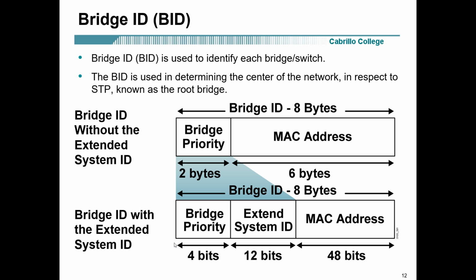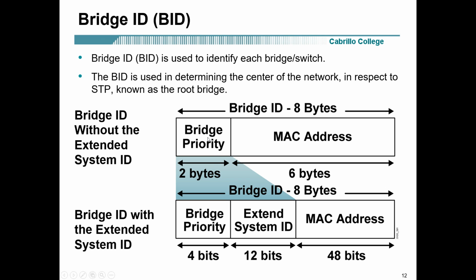However, the bridge ID with the extended system ID, which adds this code for VLAN information, is going to be slightly different. It's going to use 4 bits for the bridge priority, so the bridge priority is going to go down some. The extended system ID is going to shift to 12 bits, and the MAC address will still be there.